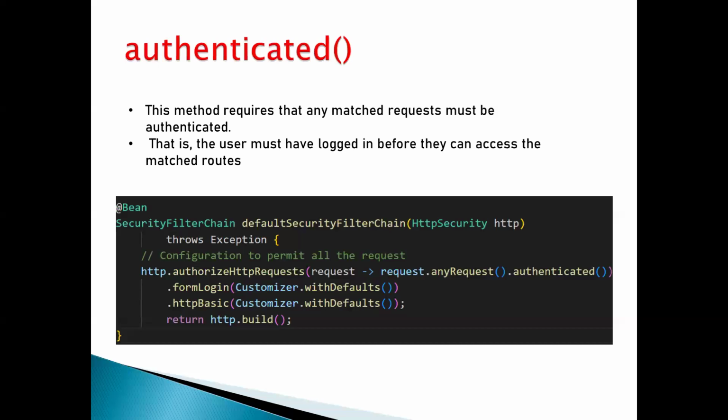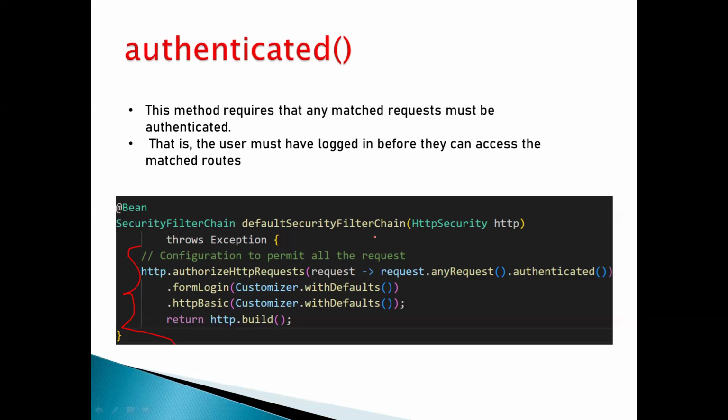First, customization will come into the picture now. Remember, we have a method, whatever Spring Security is doing internally, this piece of code is used here. This is called the default security configuration.